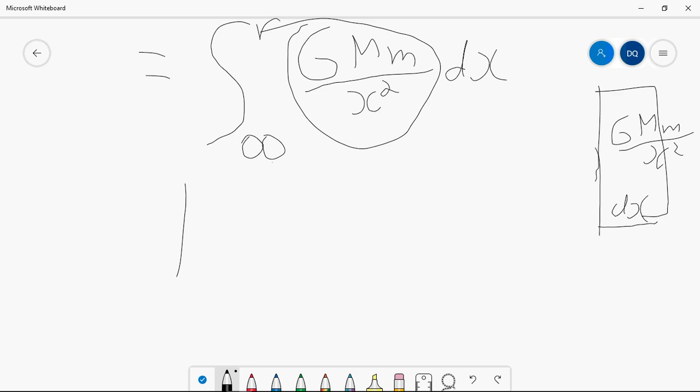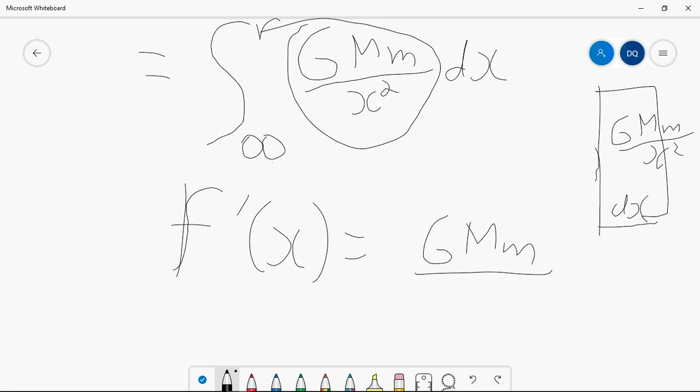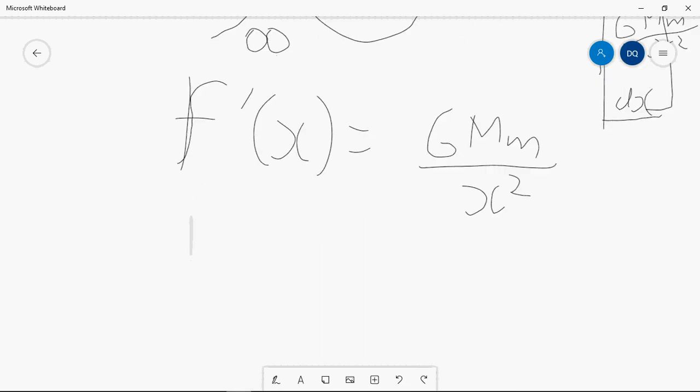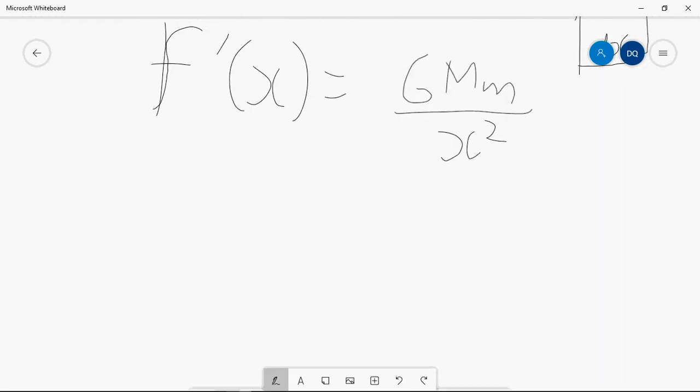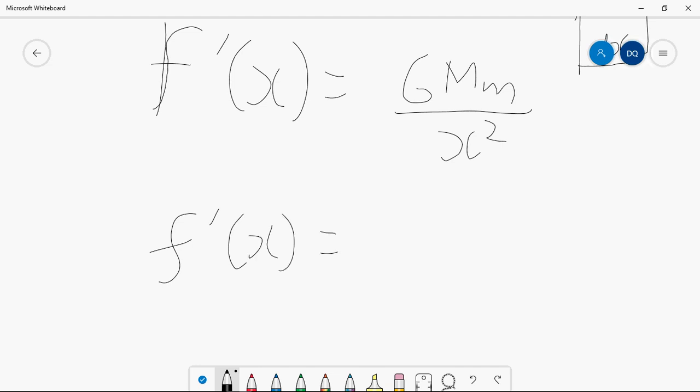So let's imagine that some function's derivative is G M m over x squared. And let me rewrite that. Using my rules of exponents, it's G M m x to the negative 2.